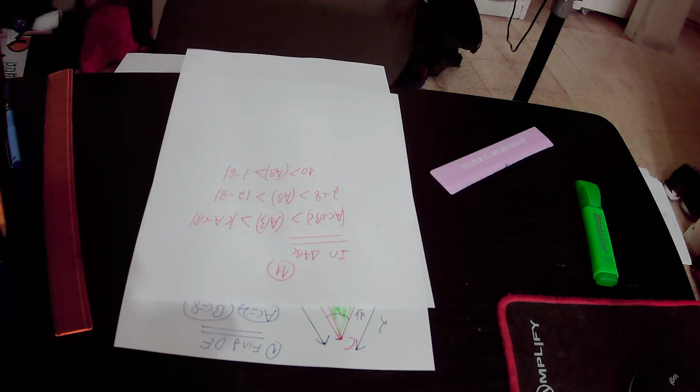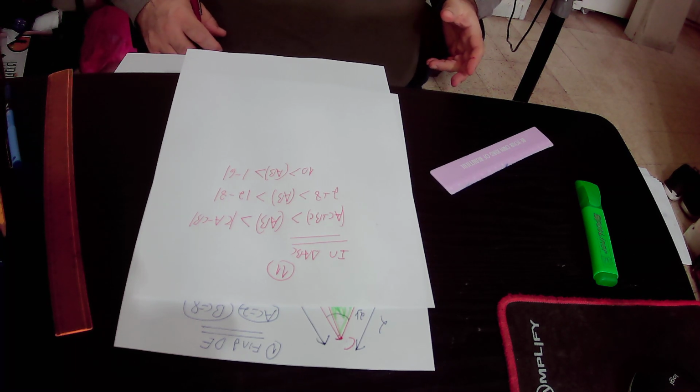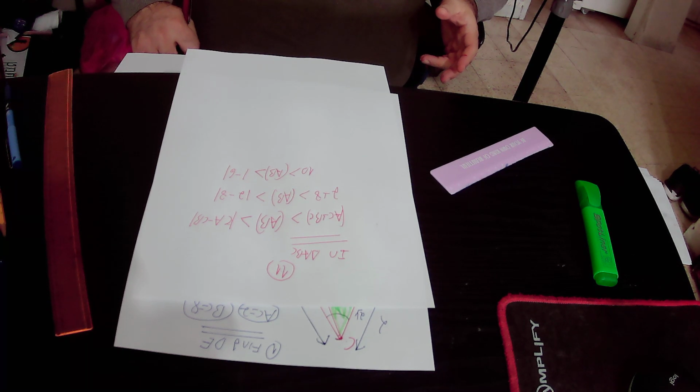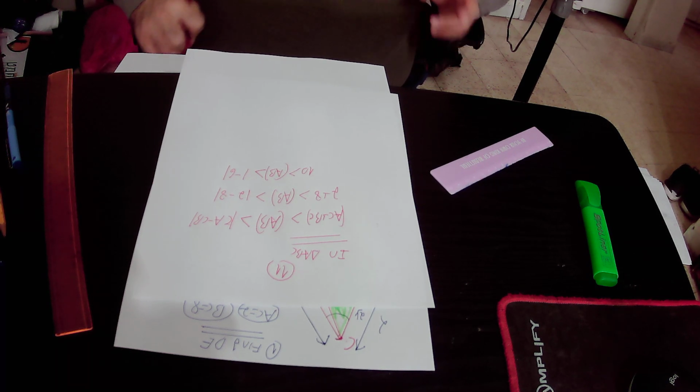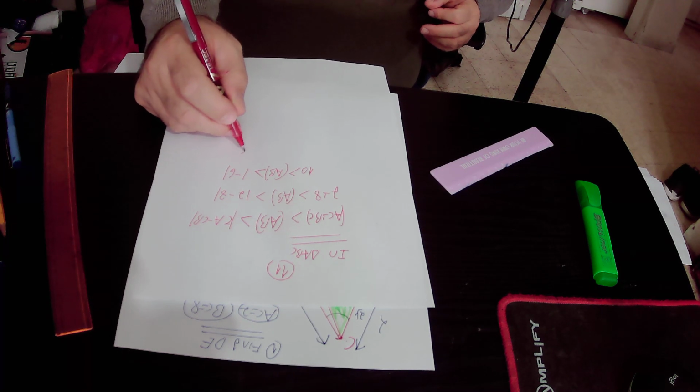So what is the absolute value of minus 6? The absolute value of any number is the distance of the number from point 0, and the distance of minus 6 from point 0 is 6 units, so the absolute value of minus 6 is 6.